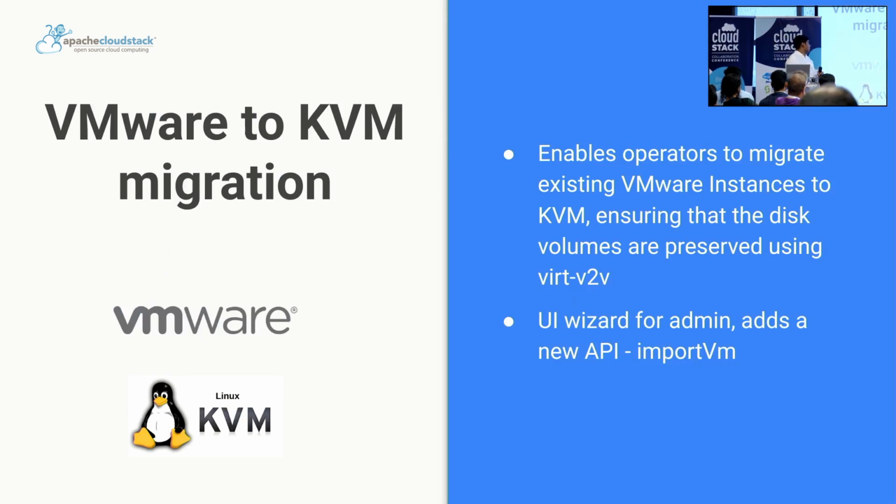Then we are also coming up with VMware to KVM migration. As Rohit talked about, a lot of users are looking for moving to KVM. So we are trying to add functionality in CloudStack, both with API and a UI wizard, to import existing VMware instances so they can be migrated to KVM.